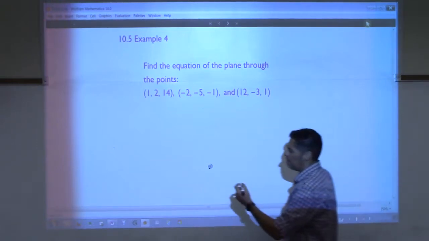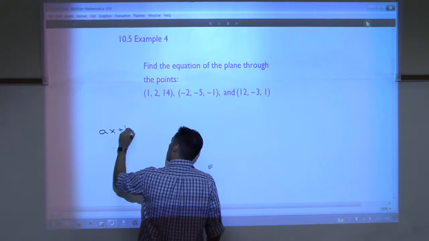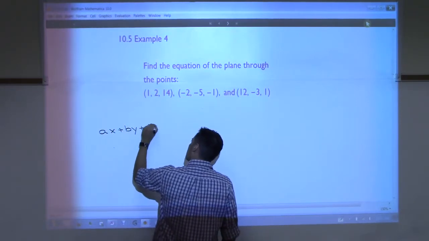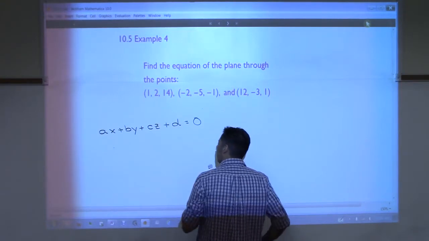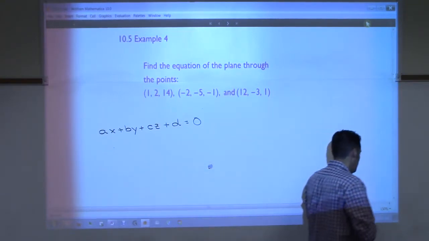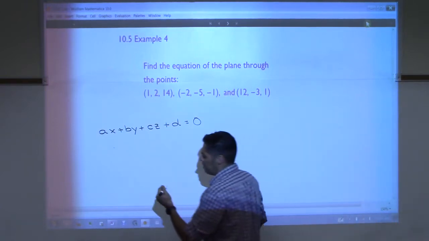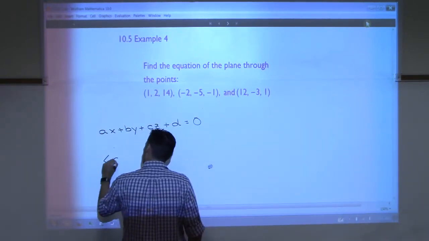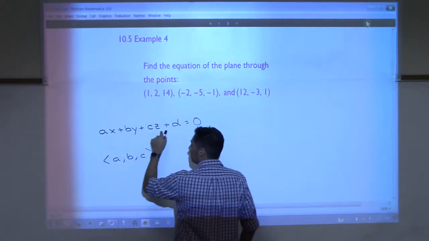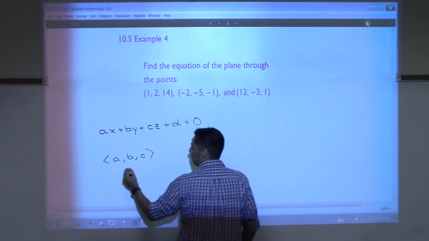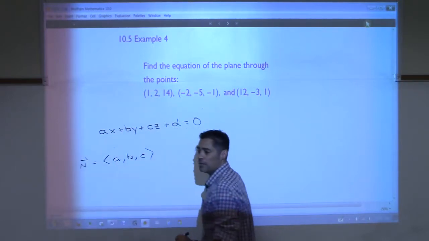So let me write down again the equation ax plus by plus cz plus d equals 0. That's the equation of a general plane. And here, if you take those coefficients of x, y, and z, which is <a, b, c>, and we call this vector n, then that's the normal vector for the plane.